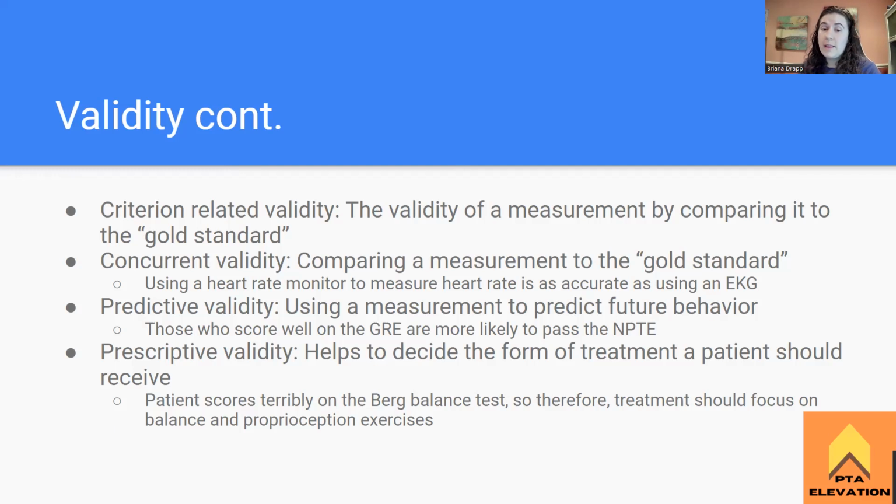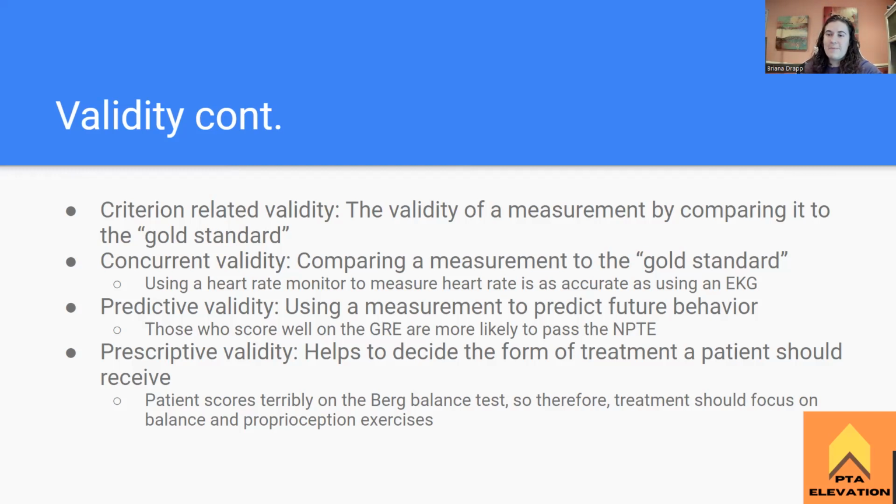So concurrent validity would be how we compare that test to the gold standard. For example, my Fitbit has a heart rate monitor on it. How valid is my heart rate monitor when it comes to measuring heart rate? Well, we would hook me up to an EKG while I also have my heart rate monitor on, and we can see what the EKG is reading. What am I at right now? 95 beats per minute. I'm a little nervous because there's about to be a thunderstorm.